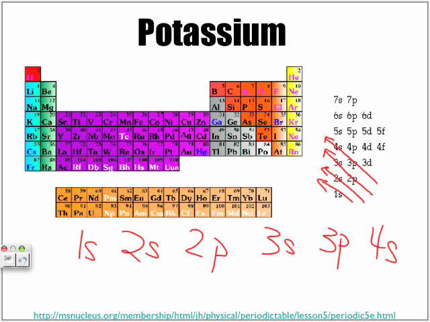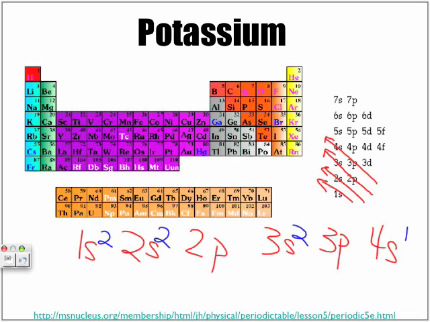So in order for us to reach that 4s, all these have to be full. And how do we tell? We don't even have to look at the periodic table because we know that all the s's can hold up to how many electrons? 2. Except for that 4s, because we are only occupying 1 electron in that s orbital.